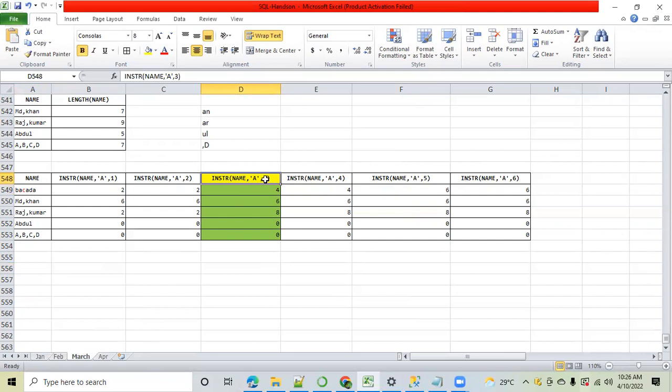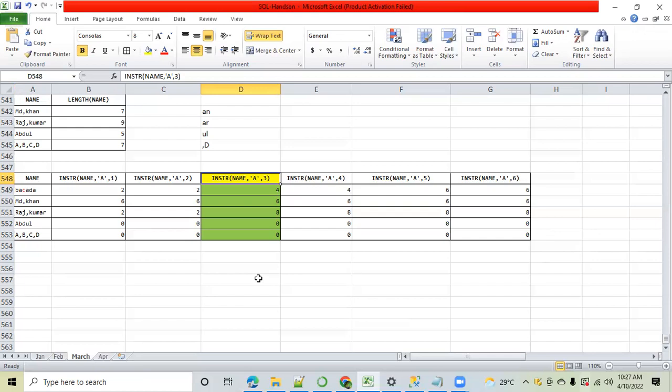Okay. After that 3, what is the fourth argument? The fourth argument is how many occurrences. Have I mentioned any fourth argument here? Here you didn't mention anything. I have not mentioned it. By default, what is the value of the fourth argument? 1, right?